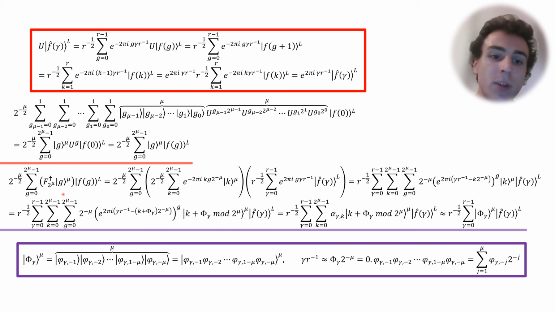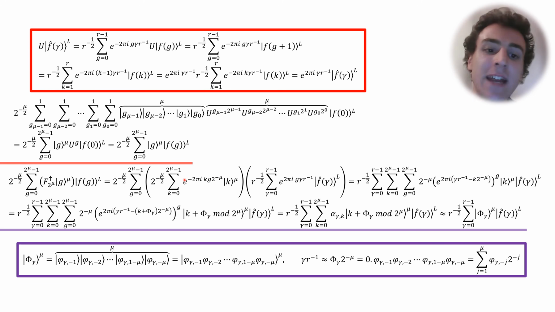The inverse quantum Fourier transform can be expressed as this superposition, where we have another normalization coefficient of 2 to the minus mu on 2. Then we have a sum over an index k that goes from 0 up to 2 to the mu minus 1. And then we have these complex exponential factors of e to the minus 2 pi i k g times 2 to the minus mu.